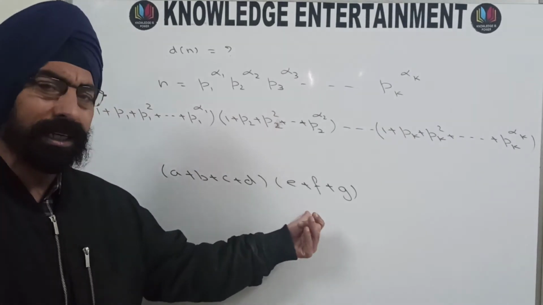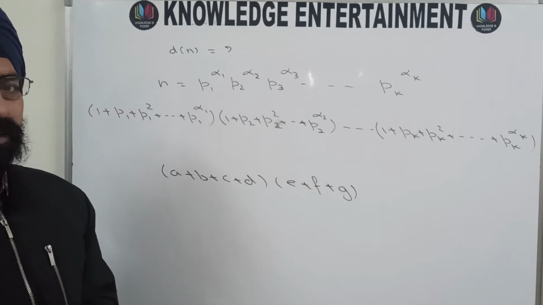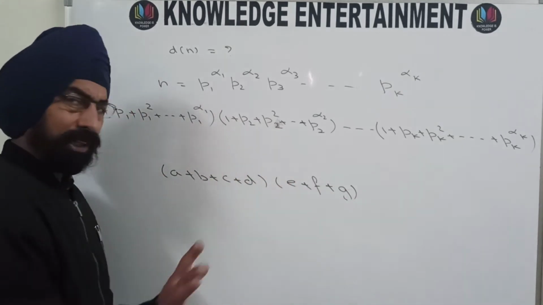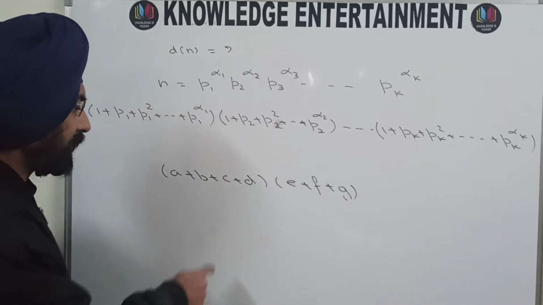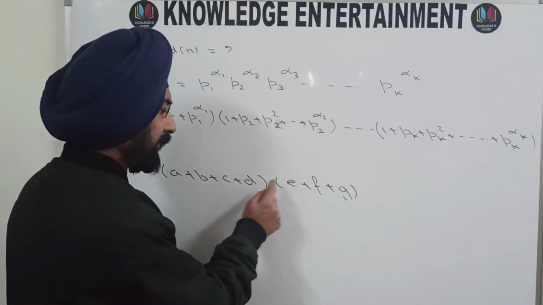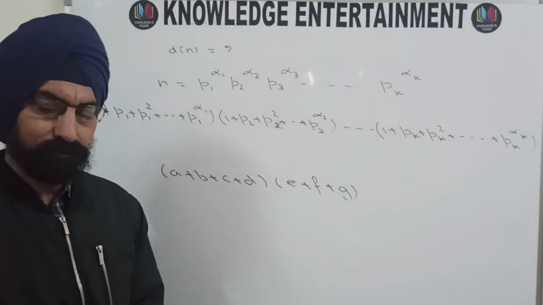When you take the product, how many terms will there be? Definitely 4 into 3, 12. You will get 12 terms. ae, af, ag, 3 terms. be, bf, bg, 3 terms. ce, cf, cg, 3 terms. de, df, dg, 3 terms. So total 12 terms, 4 multiplied by 3.